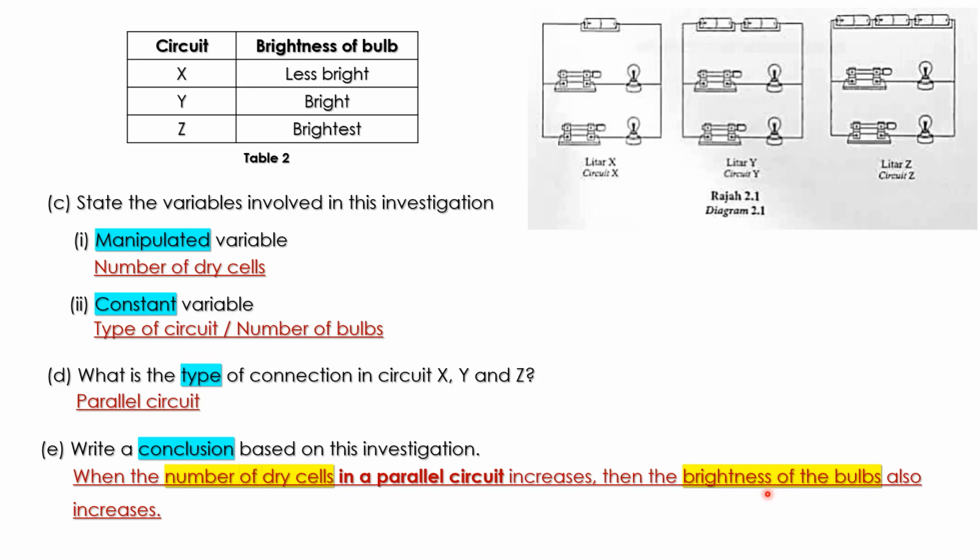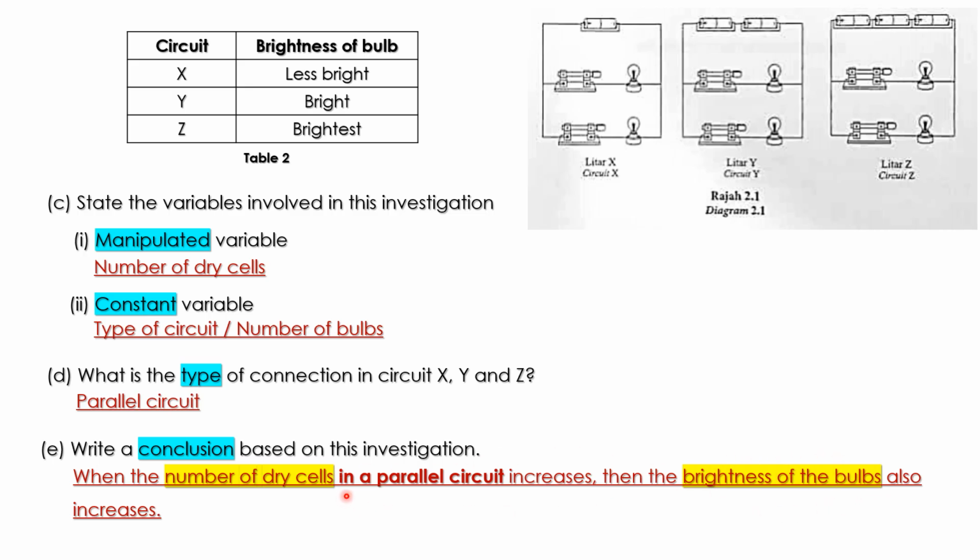This sentence may seem very similar to the earlier sentence where I discussed the inference. In that sentence I used the when-and-then statement, but I did not talk about the brightness of the bulbs. Instead, I gave the reason why the bulbs became brighter. So here it's the relationship between the manipulated variable and the responding variable.